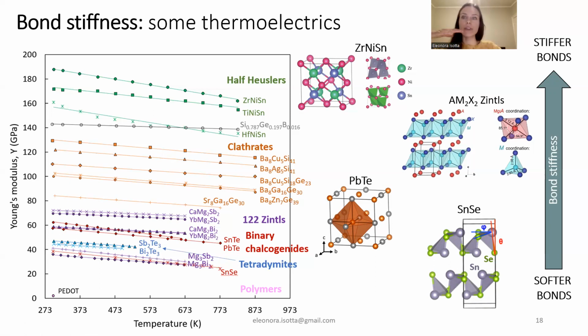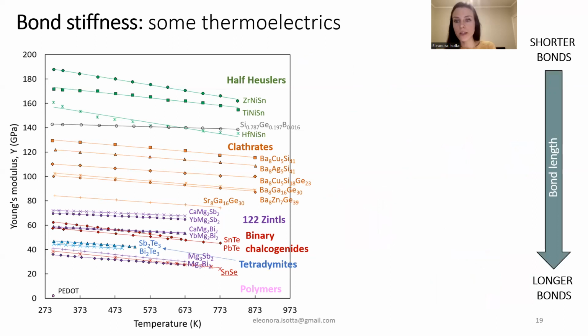So we have, of course, very soft bonds and soft moduli in between the layers. On top of this, tin selenide also has this accordion-like shape of bonds within the layer that makes the structure very soft, even within the same layer. So you can see bond stiffness plays a strong role.